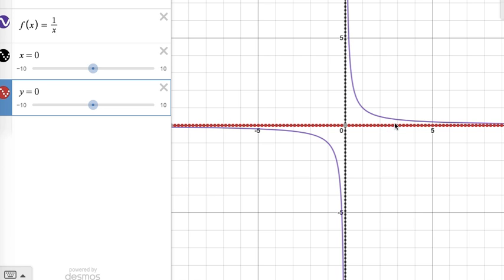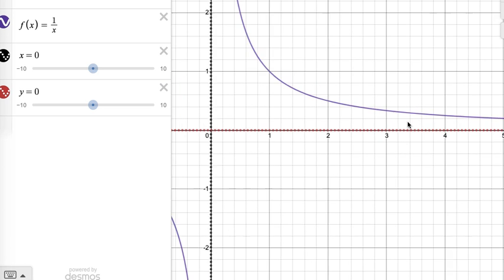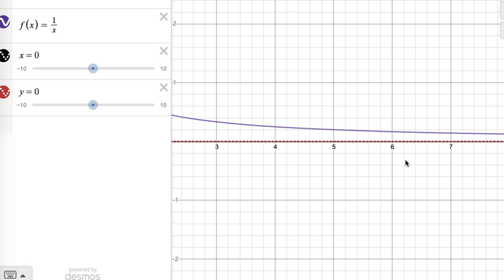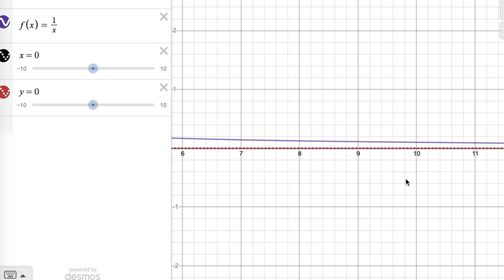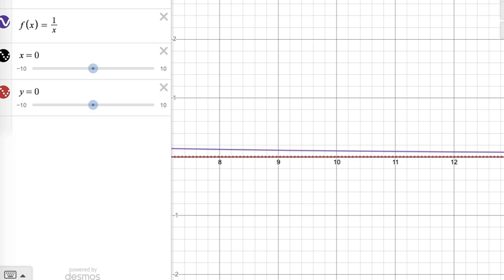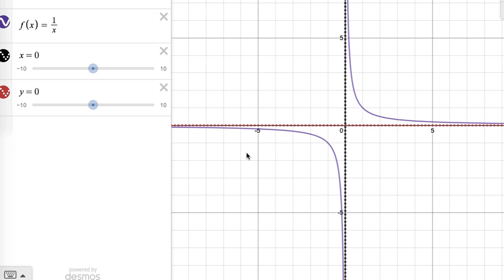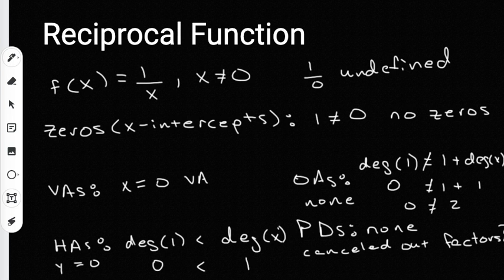And now what you'll notice when I zoom in is that the graph gets closer and closer to the x-axis, but it will never actually cross the x-axis, which explains why we have no zeros. And since there are no oblique asymptotes, I don't have to graph those, and since there are no point discontinuities, I don't have to worry about those either. So that's the reciprocal function, and I hope that helps.